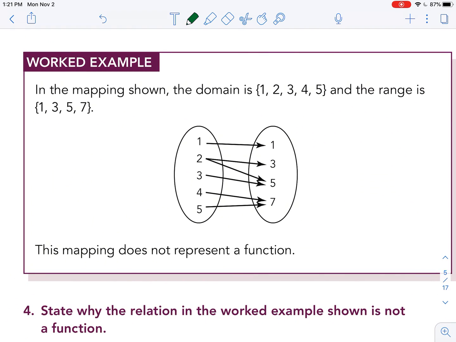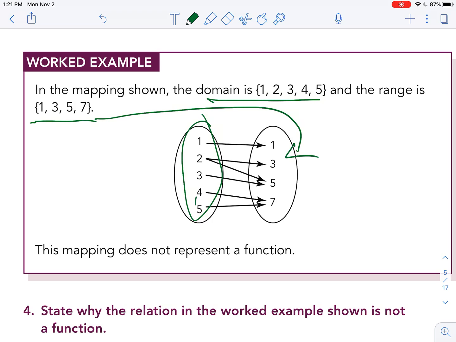Let's look at this. Again, we have our domain right here. That's our domain. We have our range. That's right here. But this is not a function because look right here. 2 goes to 3 and it goes to 5.